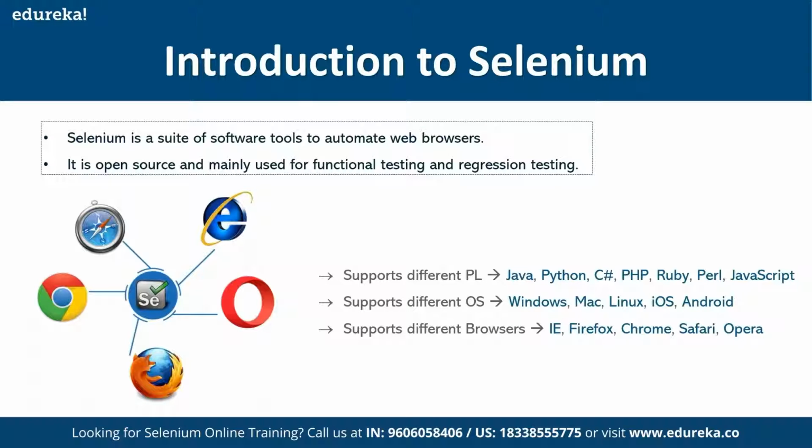Selenium gives you much better aspects. With respect to programming languages, as I was telling you, it supports multiple language bindings like Java, Python, C Sharp, PHP, Ruby, Perl, JavaScript, Kotlin, Golang, and so on. With respect to OS support, you have Windows, Mac, Linux, iOS, Android. Even Symbian was supported once upon a time, but unfortunately it was not taken into much consideration because of not having active development there.